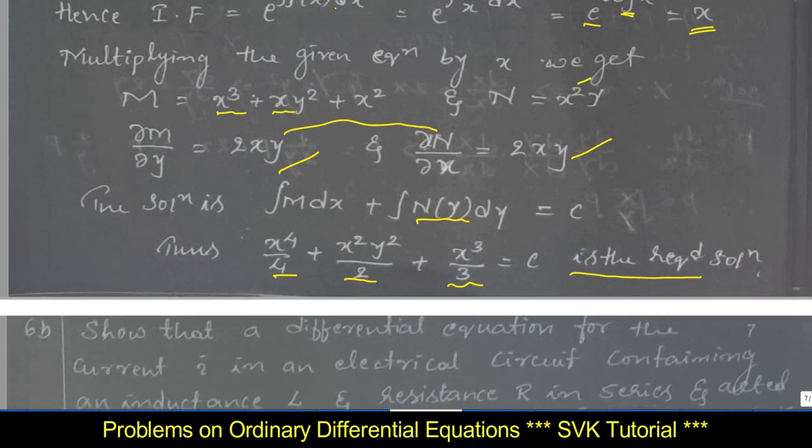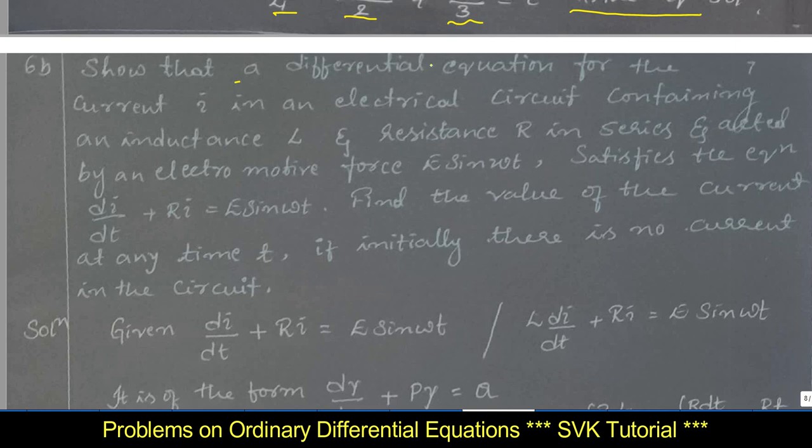Next, moving on to question number 6b: show that the differential equation for the current I in an electrical circuit containing an inductance L and resistance R in series and acted on by an electromotive force E sin omega t satisfies the equation L di by dt plus Ri equal to E sin omega t.